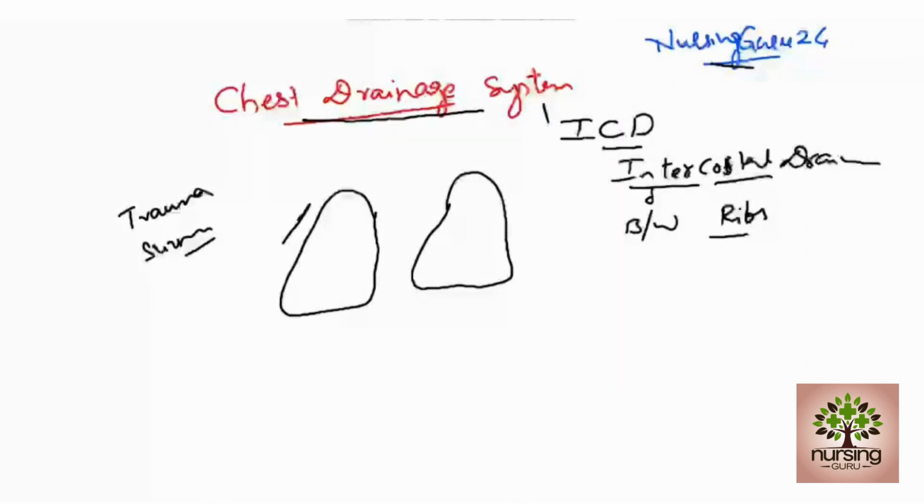Some unwanted guests means it may be air, or pus, or blood, etc. Our job is to remove those wastes from this space, because the presence of this air, pus, blood or something else alters the expansion of lungs. They will not allow the lungs to expand completely. Hence, we will put a tube here.